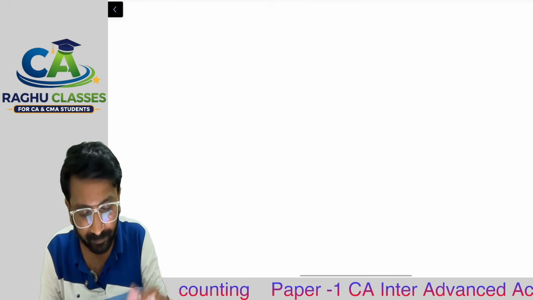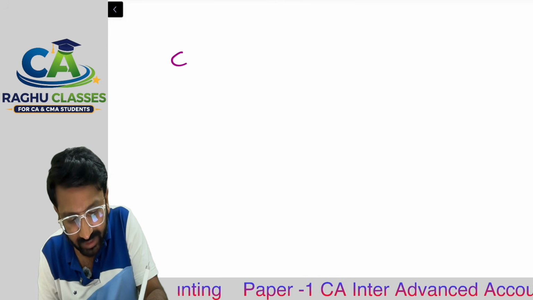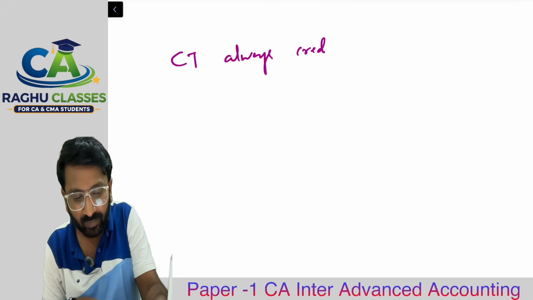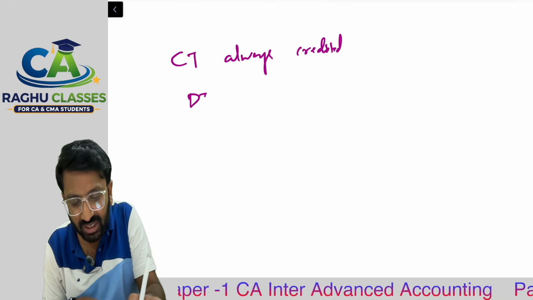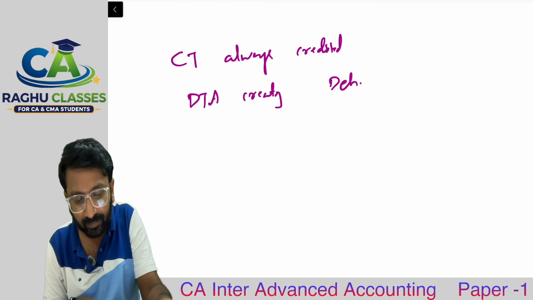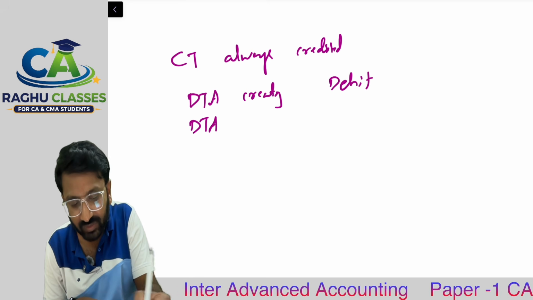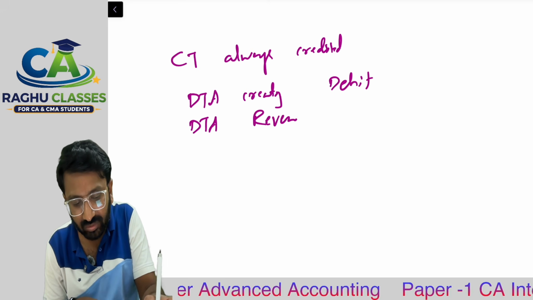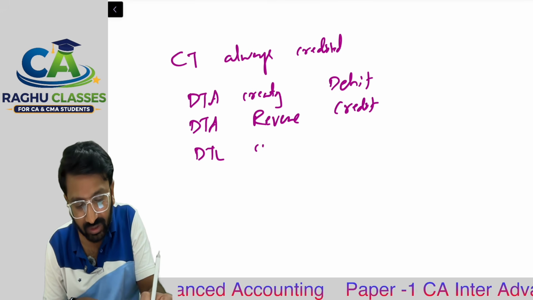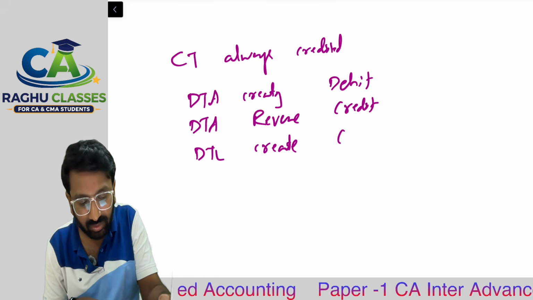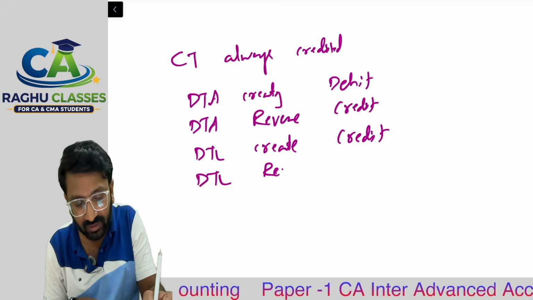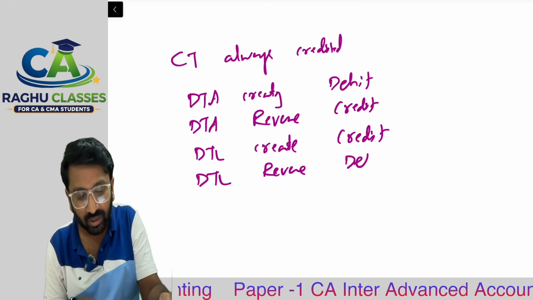Now, just to conclude, current tax is always credited, and DTA if you're creating, debited, DTA if you're reversing, credit that. Same way DTL if you're creating, credit the DTL account, and DTL if you're reversing, debit the DTL account.